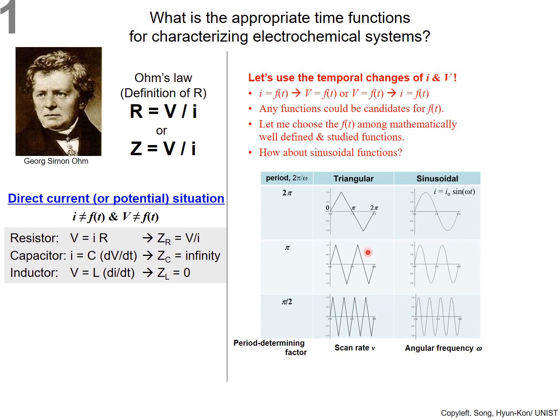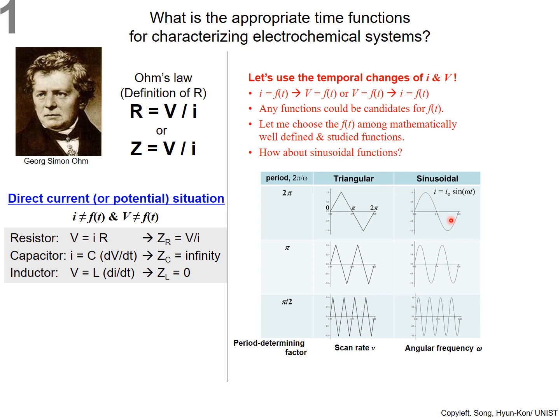However, there is a weak point because this triangular function has very sharp points. Sometimes at those points it is a little bit difficult to perform some mathematical operations. So let me smooth the sharp points, so it is going to the sinusoidal function.